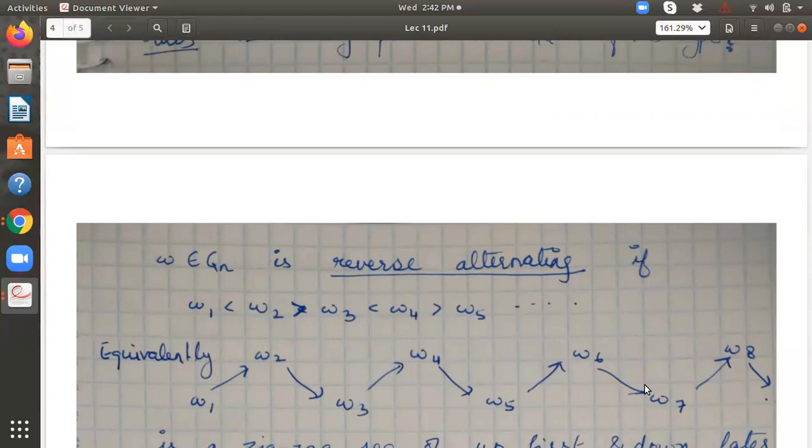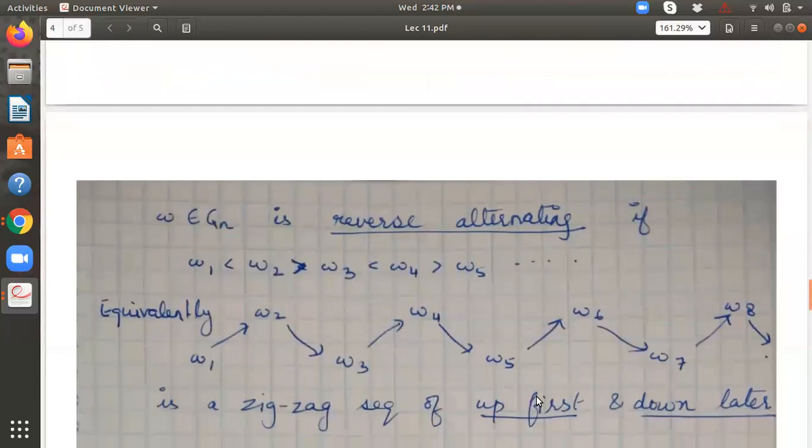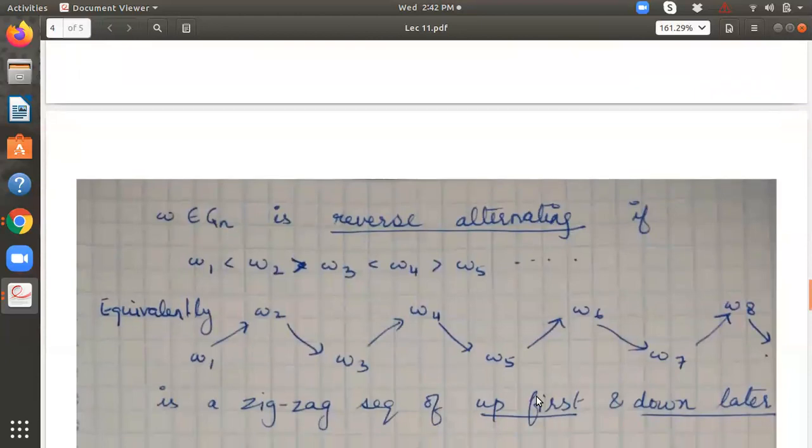What we defined earlier was alternating; what we're defining now is reverse alternating. This is also a zigzag, but of the type up first and down later, so it's an up-down sequence. Such sequences correspond to reverse alternating permutations.